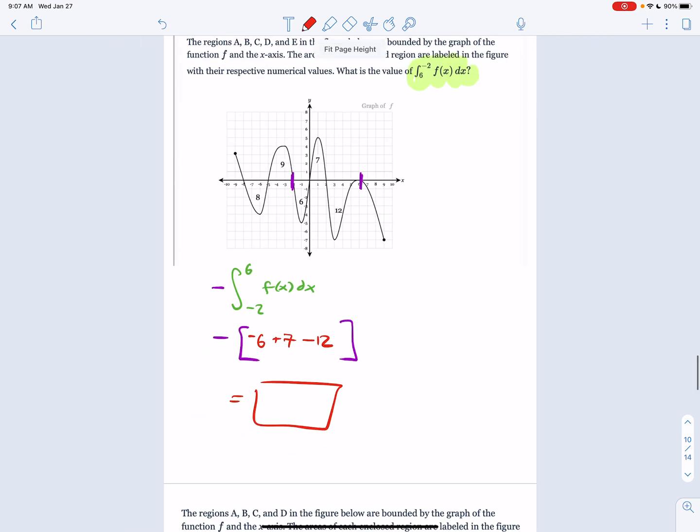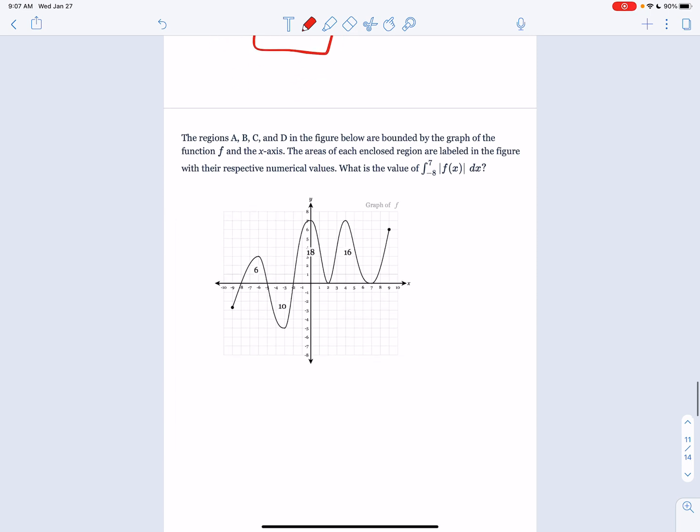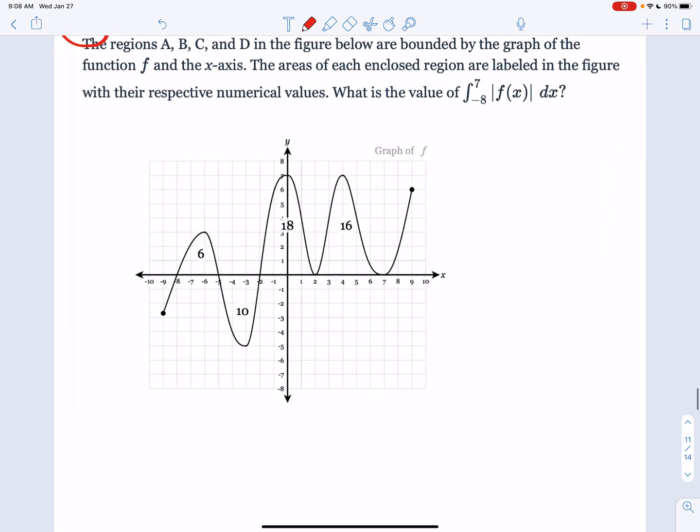Hopefully you guys are seeing the patterns here, right? How do things get a little bit different? Here's part J. You'll notice that there's an absolute value around the function. Think about what an absolute value does. An absolute value pretty much turns everything positive. So anything that appears negative will turn positive.